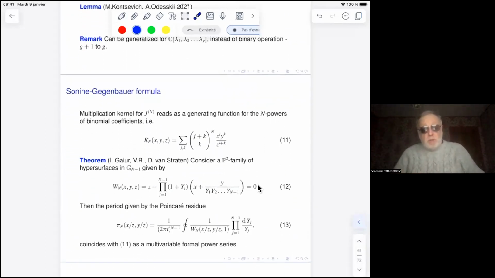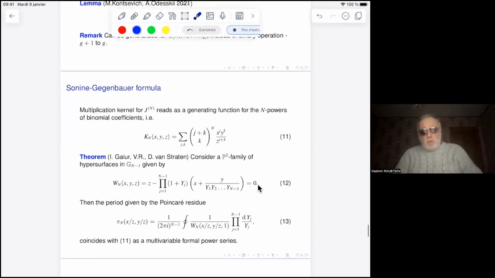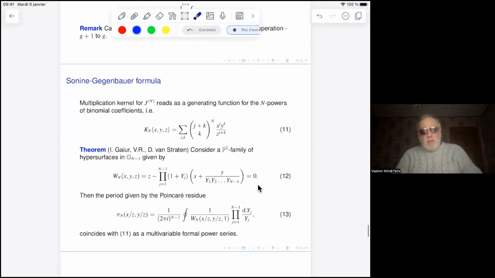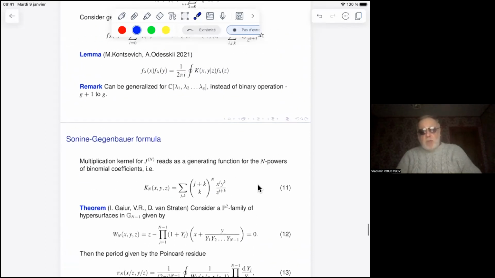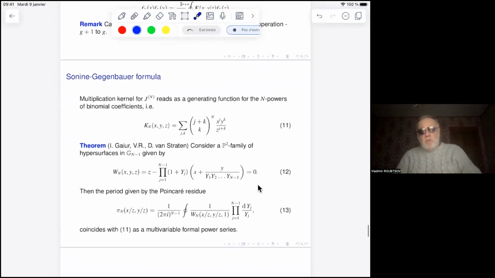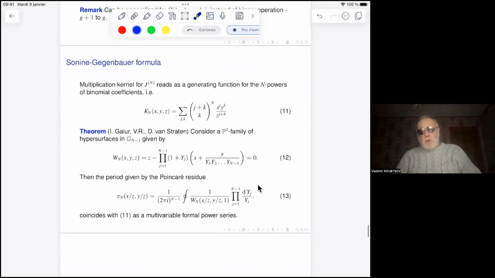Okay, I'm sorry for this imprecision because I didn't want to go into details. If you want, you can consider the preprint of 2021. And then I remind you how this Kontsevich-Odesky lemma, for example, gives our Sonine Gegenbauer.